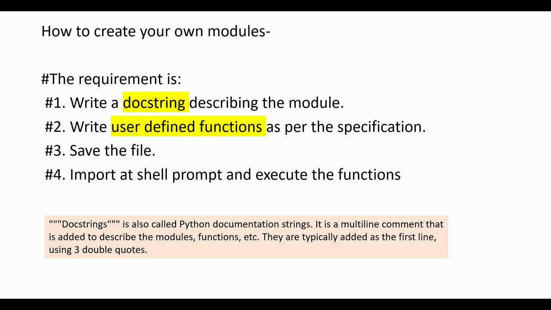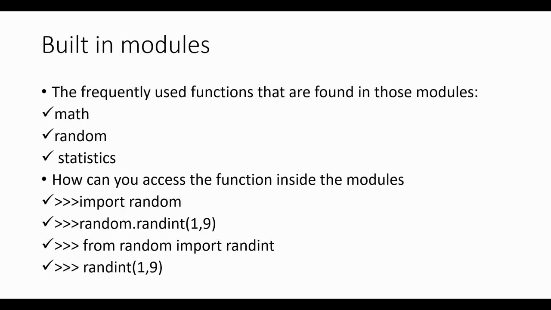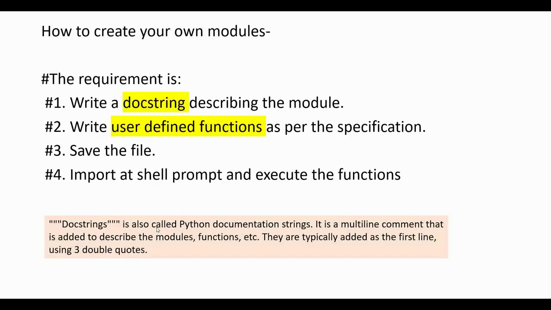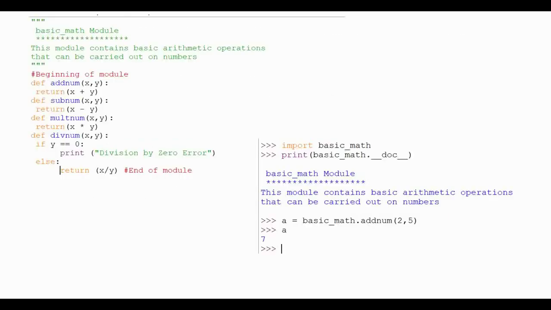We are going to execute the function like the normal functions we have been using from the built-in modules, with the module name and the function name. But for our user-defined module, we are going to use the name of the module, dot, and the function which we have defined. So let's move to the program code.